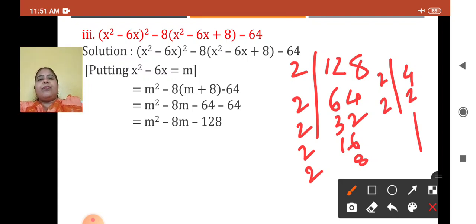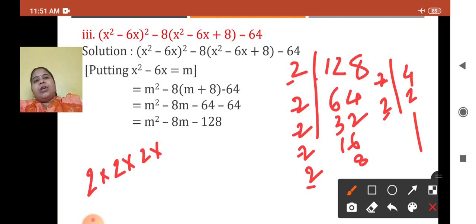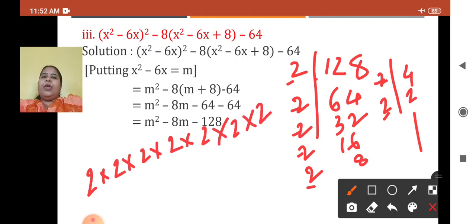How many times? 2 into 2 into 2 into, see, 1 2 3 4 5 6 7 times, right? Now I have got all the factors of 128.